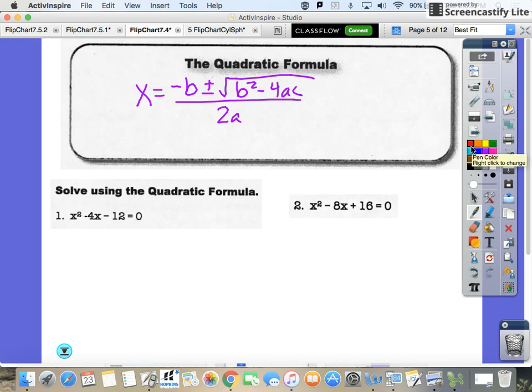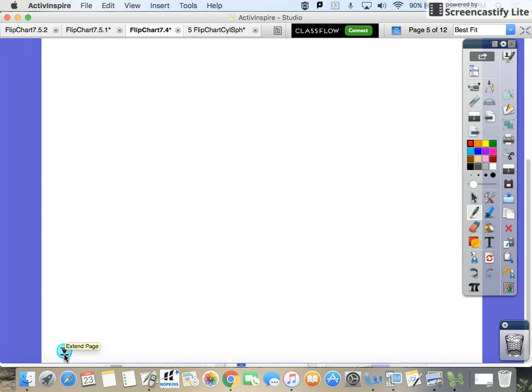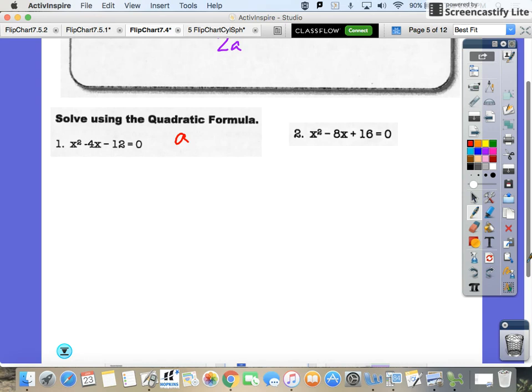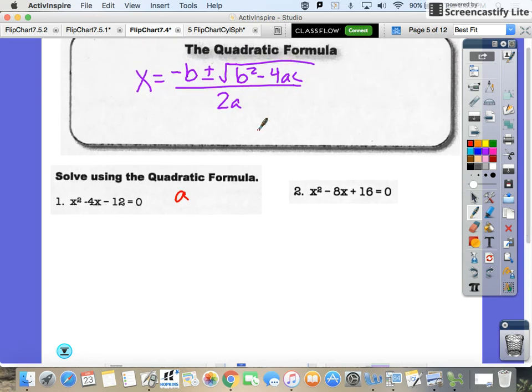To use this formula, the first thing we have to do is figure out what a, b, and c are. Let me scroll up a little bit. These are the a, b, and c that I'm referring to.